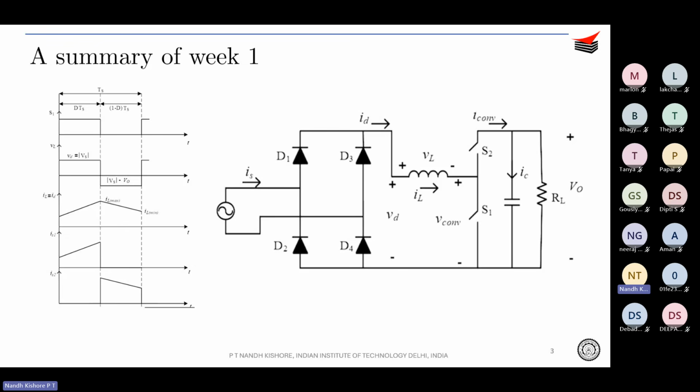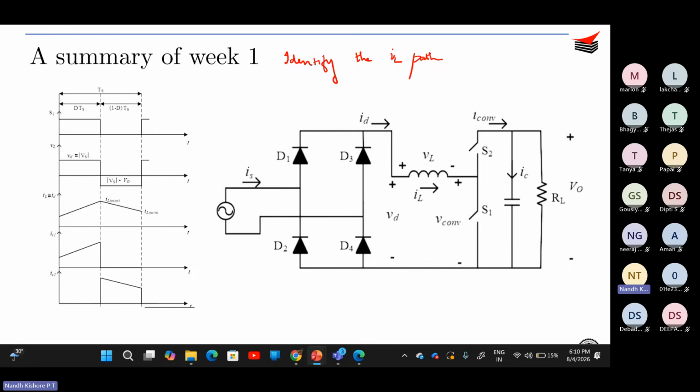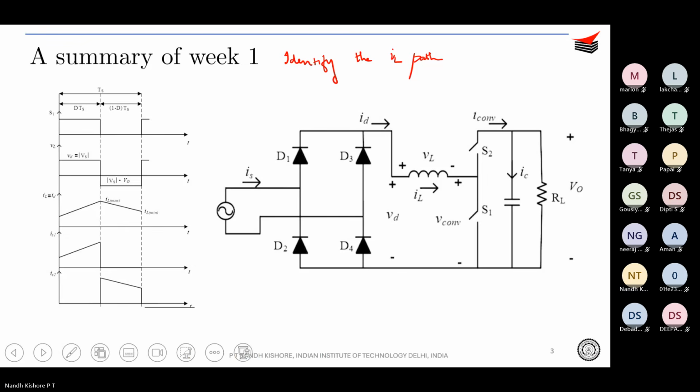This is a thumb rule that you would want to follow for all DC-DC converters: identify the inductor current path, IL path, during charging and discharging.